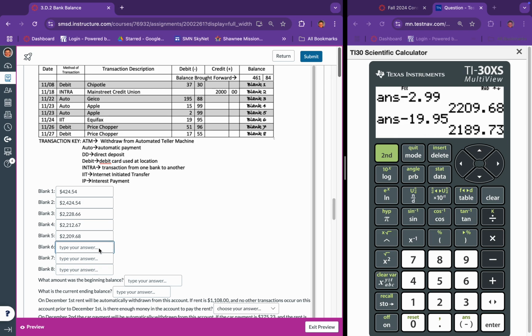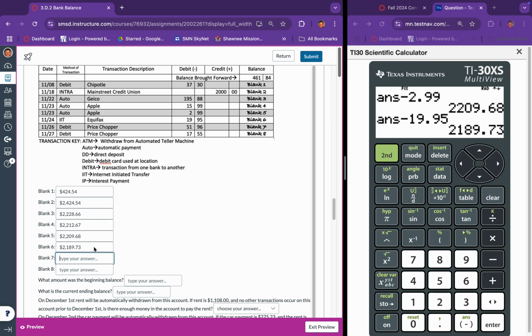So after money was taken out of your account to pay Equifax, you then had $2,189.73 remaining in your account. So the big key here, friends, is that if it's in this column, it's subtraction, and these are dollars and cents. If it's in this column, it's addition, and these are in dollars and cents. And this is your running balance at any given time. Okay.